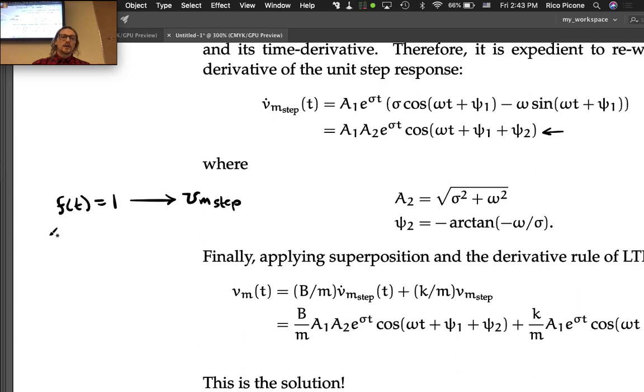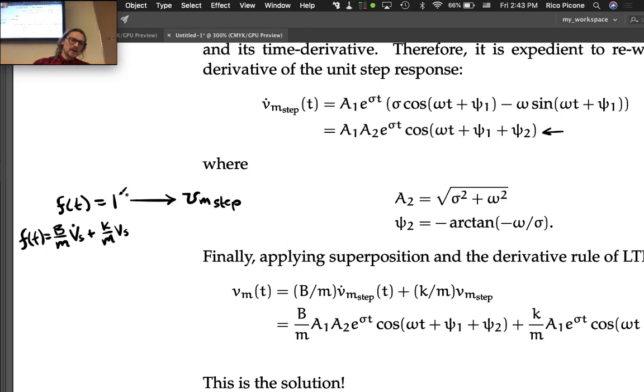Now what we're going to do is put in f of t, the forcing function that we actually have, which is b over m Vs dot plus k over m times Vs. That's our actual forcing function.